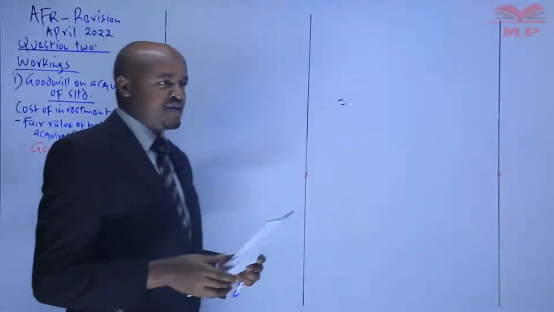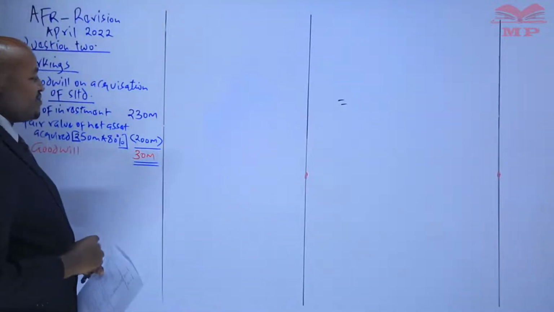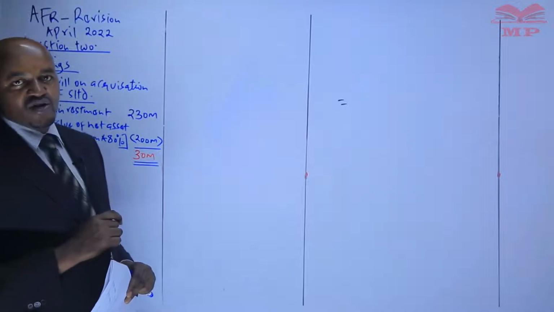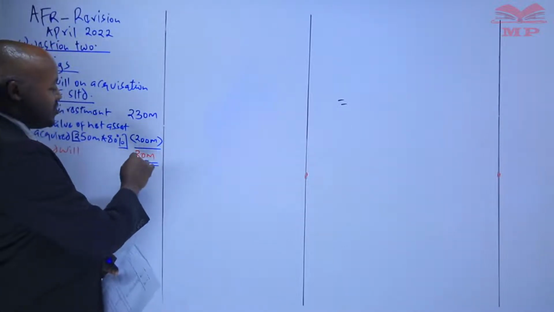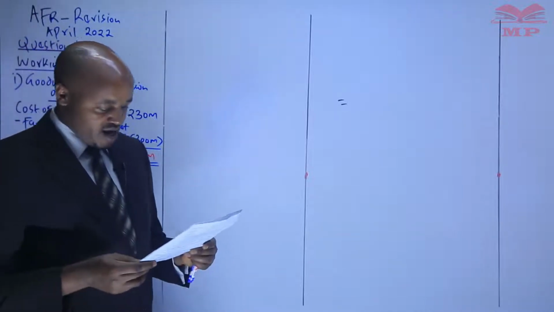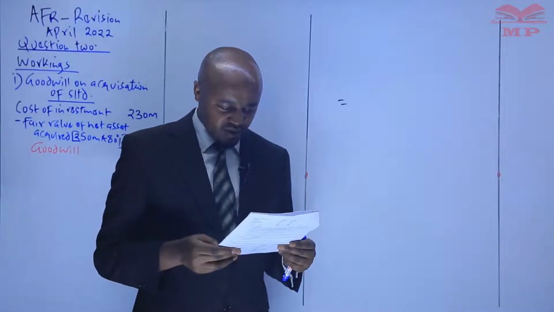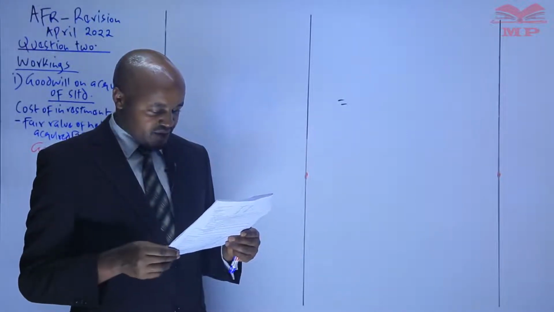So this particular goodwill had not impaired. Because if it had impaired, we would need to reduce it with the amount of impairment loss. So I think that's what we have computed for that particular goodwill.